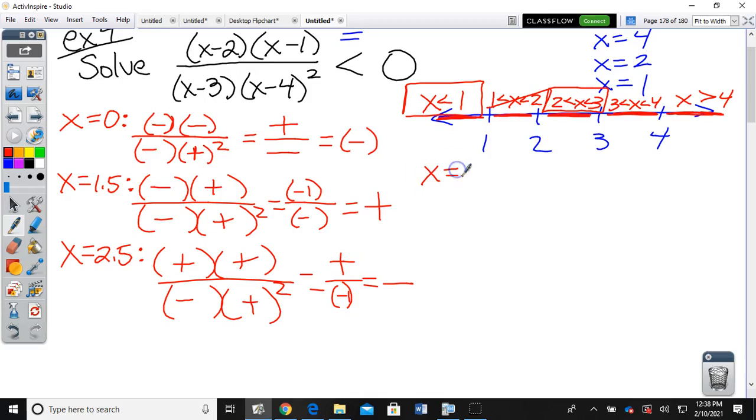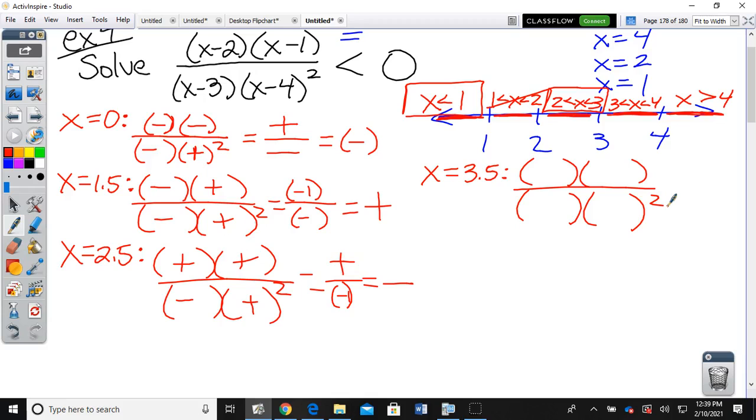What's something between 3 and 4? 3.5. Can you use that one and the next one? Or no? The 3.5, can it be for? No, because the next one I would need something greater than 4.